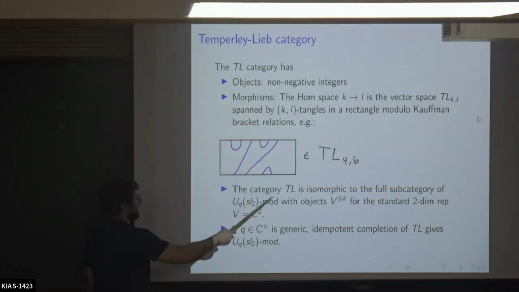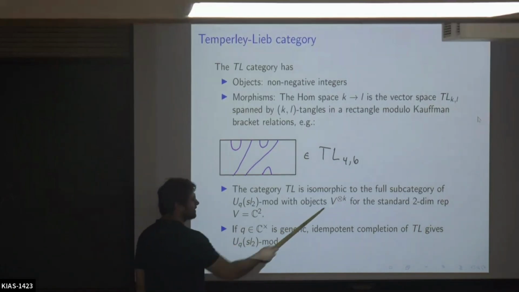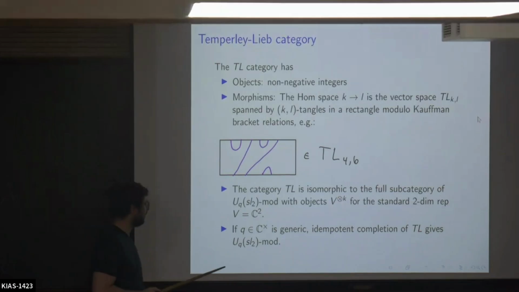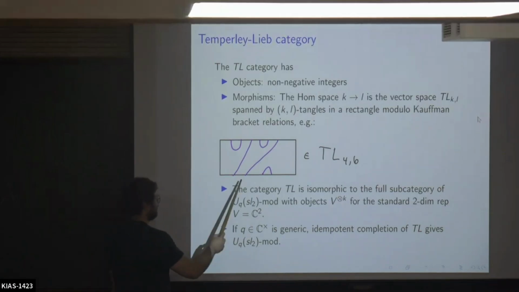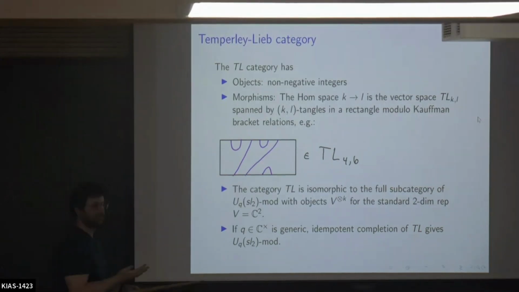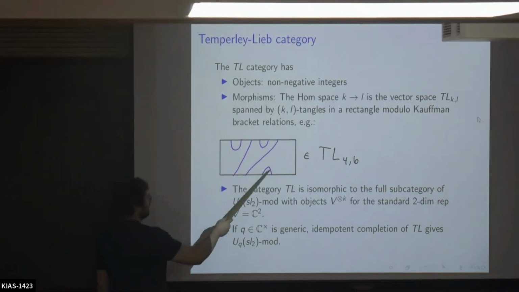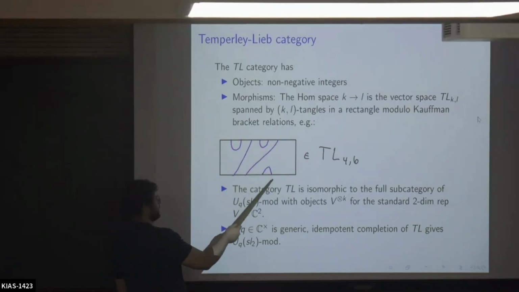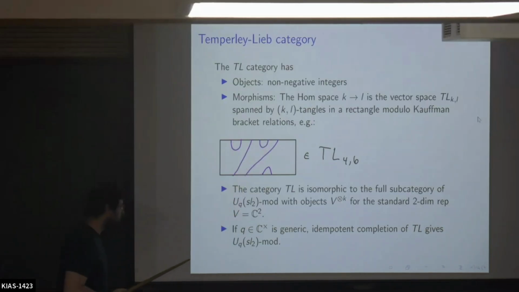This category is isomorphic to the full subcategory of the representation category of UQSL2, where you only consider objects that are tensor powers of the standard representation. The functor that gives you this isomorphism would send these 4 dots to the 4th tensor power of the standard representation, and it would send this whole picture to a morphism between the 4th tensor power and the 6th tensor power.